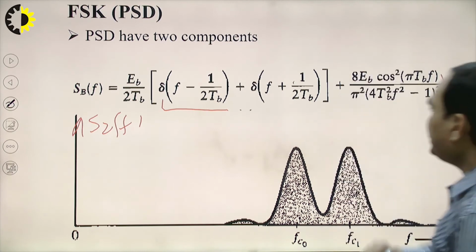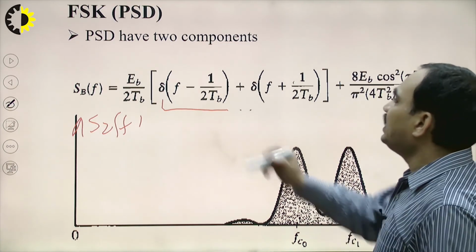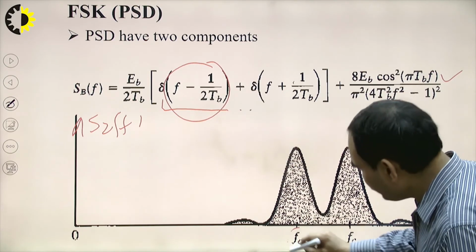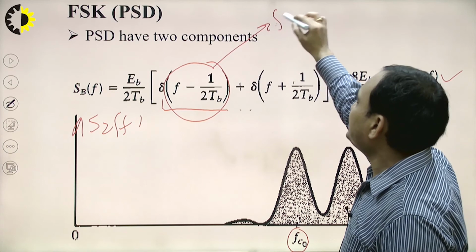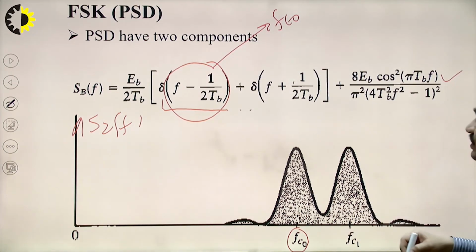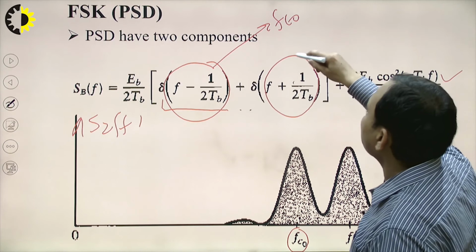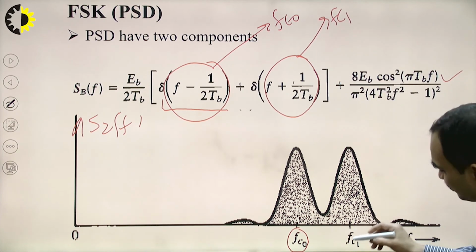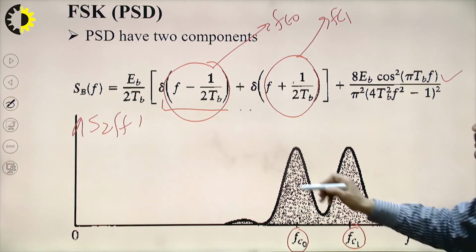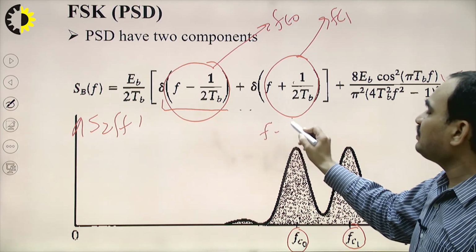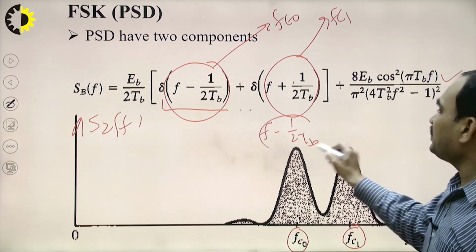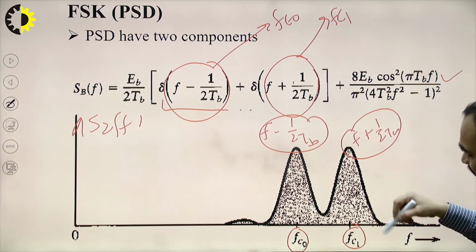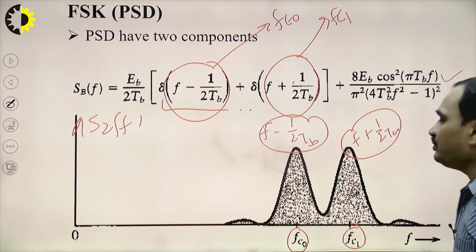Here we have to note that we have the component f minus 1 by 2 Tb, that is fc0. This is the fc0 component, and we have the high frequency component represented by f plus 1 by 2 Tb, that is fc1. So we have two different frequency components.